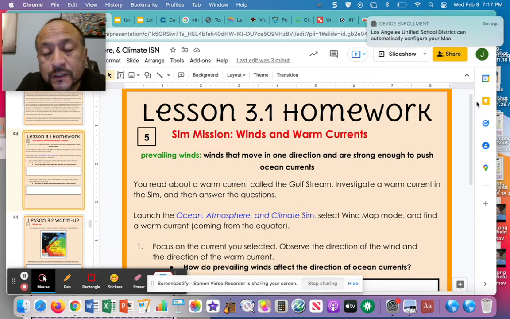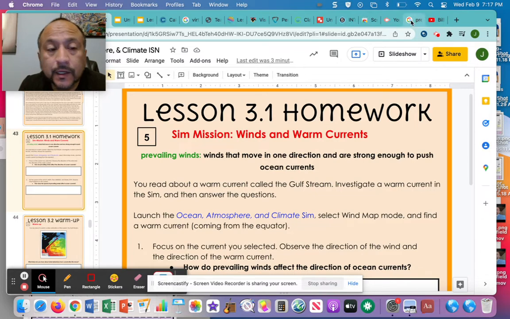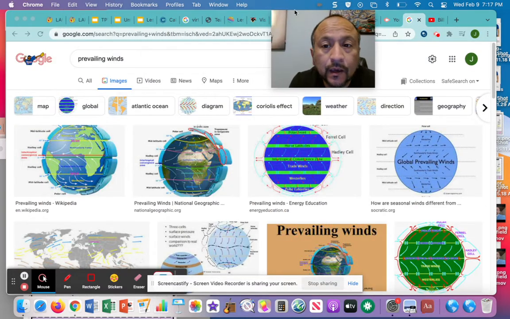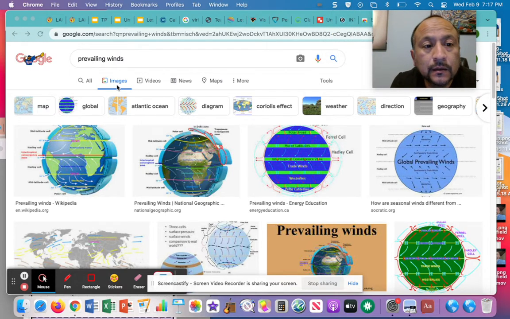Winds that move in one direction and are strong enough to push ocean currents. So whenever you see a word that you may not understand, the best thing to always do is to look it up, Google it, and click on images. And here are some examples of what prevailing winds are.